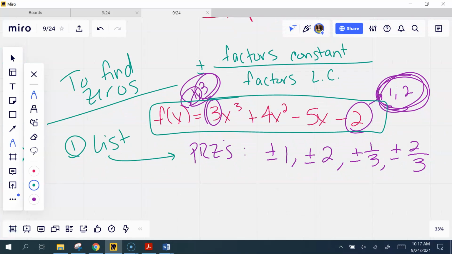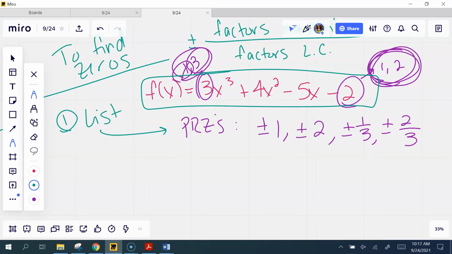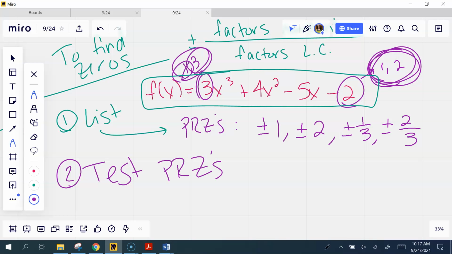Your notes will probably look better than mine, I'm sorry. Test your PRZs until you find one that works.